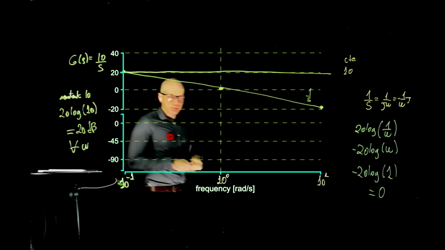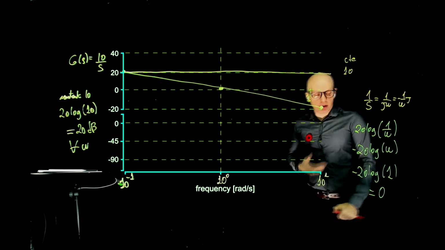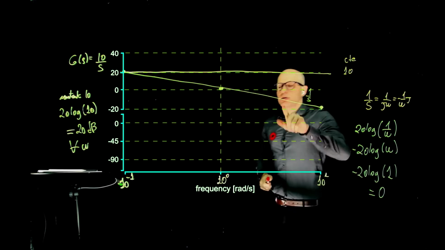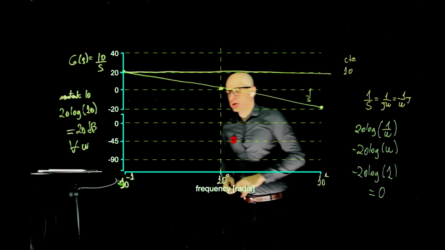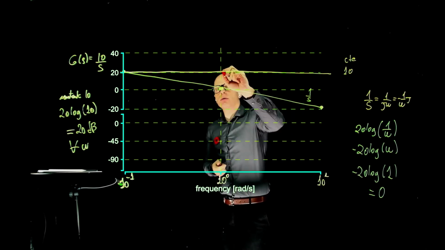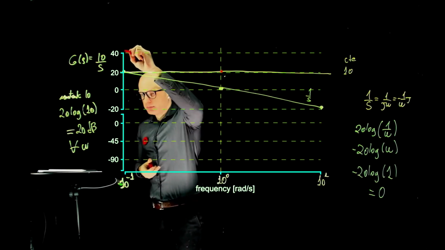Okay. So now we have these two. What do we do? Because you're dealing with a log scale, we can simply add them up. So when you add these two up, what happens? Well, this curve just shifts upwards by 20. So here we have 0 plus 20, that's 20. Here we have 20 plus 20, that is 40.